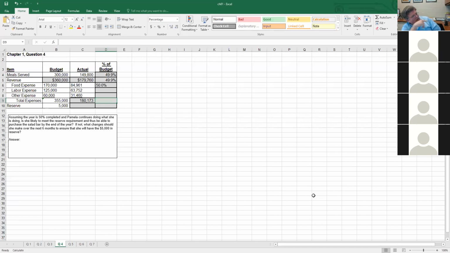Okay, so if we look at this, which number is bigger, revenue or total expense? The total expense. Now think about it, if you're at home and your rent is more than you make a month, is that good or bad?